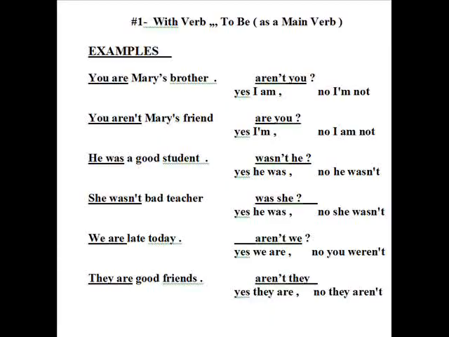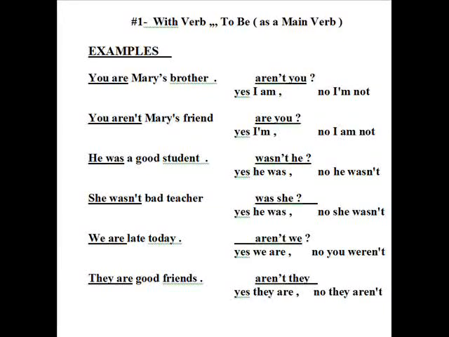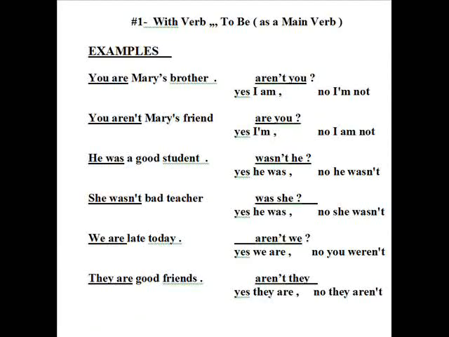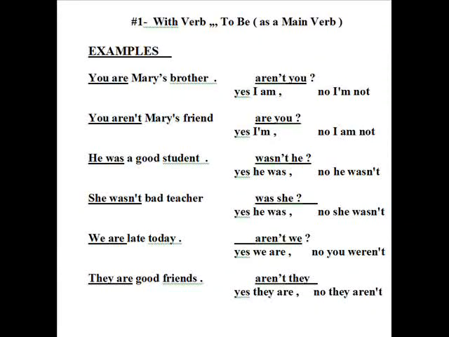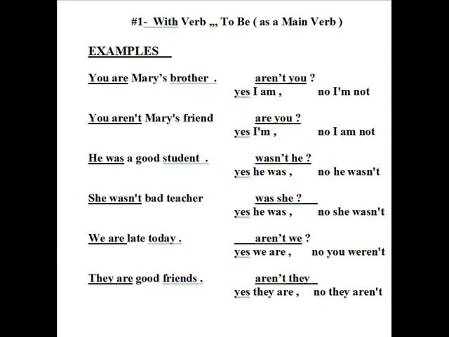The first one, with the verb to be as a main verb. Do you remember? We have two kinds of use, verb to be as a main verb and as an auxiliary verb. Examples: you are Mary's brother. Aren't you? Yes, I am. No, I am not.